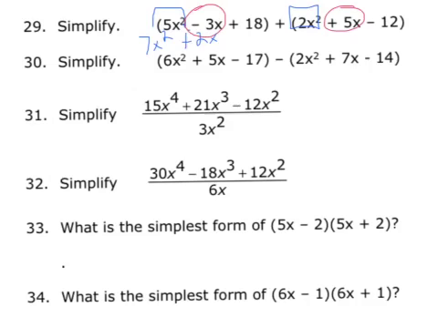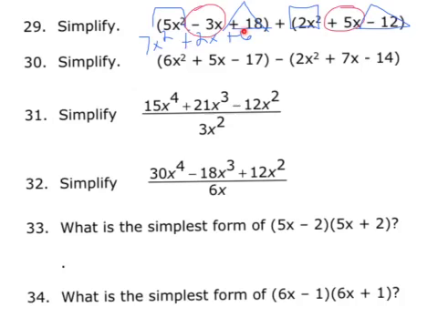And then I have 18 plus negative 12, and that gives me 6. So plus 6. Now none of these terms have the same exponent, so this is x to the second power, x to the first power, and no x. So they are 3 separate terms. We leave them just like that.